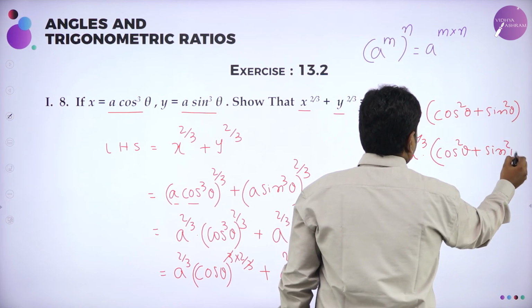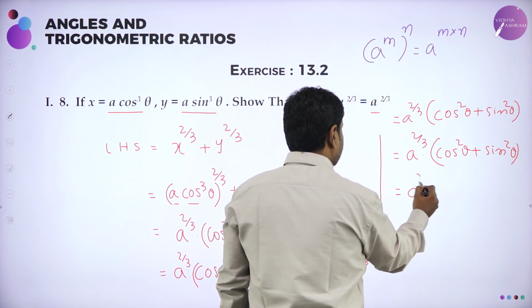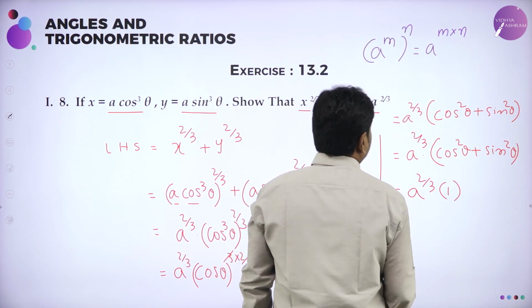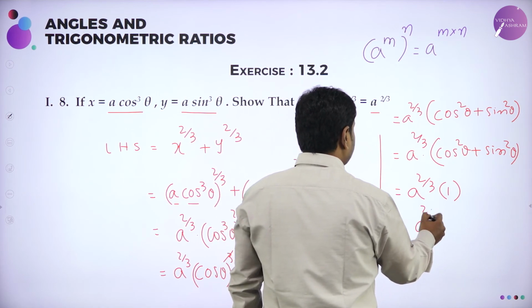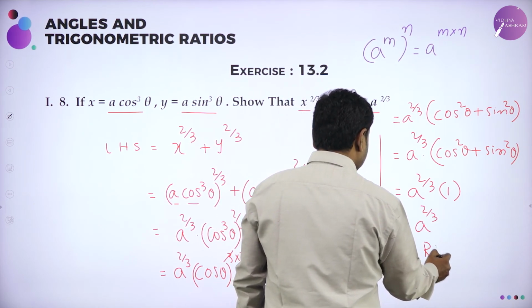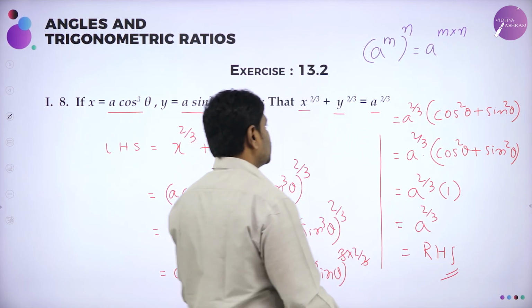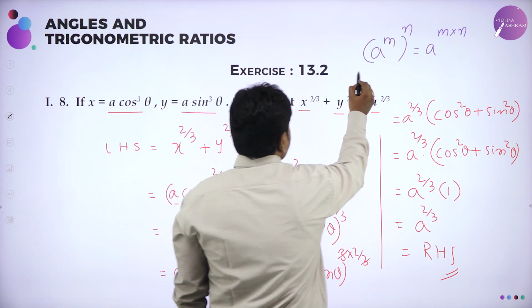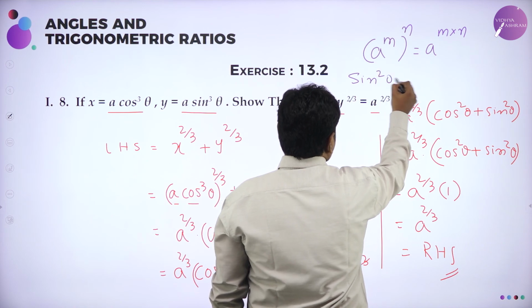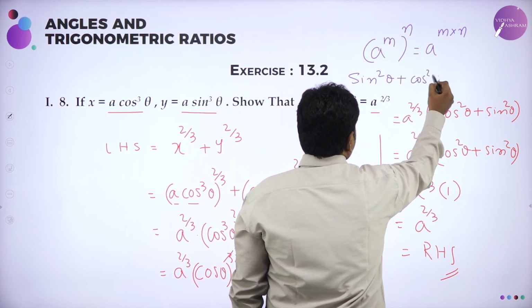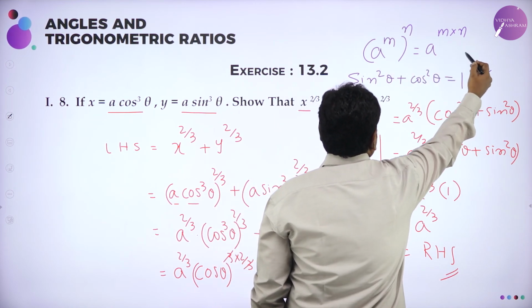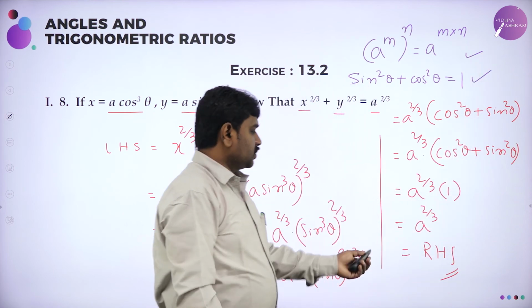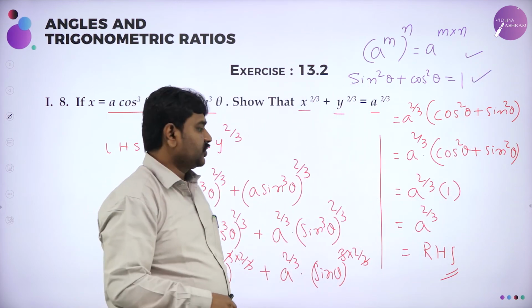Now, all of you know sin square theta plus cos square theta, or cos square theta plus sin square theta, is 1. So, a power 2 by 3 into 1 is a power 2 by 3. This is RHS. Here we are using identity as well as law of indices. What is the identity we are using? We are using sin square theta plus cos square theta, or cos square theta plus sin square theta, is 1. This is the identity we are using and this is the law of indices we are using. So, that will arrive at the result.